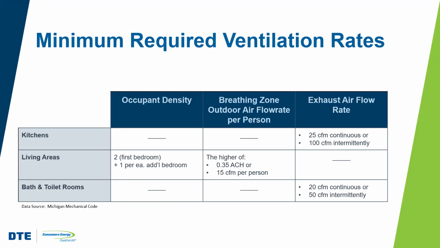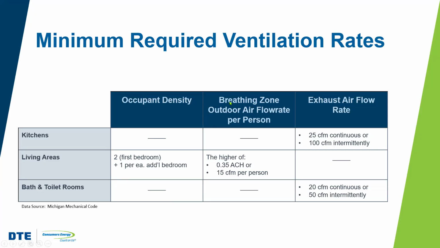But note here that it applies specifically to the outdoor airflow rate per person, right? So even though we're looking at air changes per hour here, we're looking specifically at the amount of outdoor air that's being brought in, and in terms of air changes, not the entire volume of air for that space, for that room, or for that home.